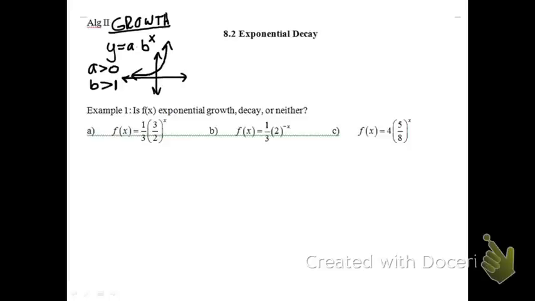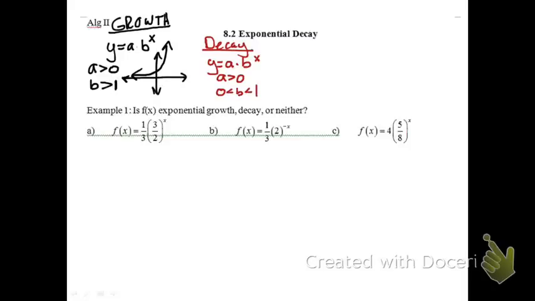That's growth. Now on the other hand, decay is similar. You're still going to have y equals a times b to the power x, so everything's identical so far. However, the a value is still going to be greater than 0, but the b value has to be between 0 and 1.